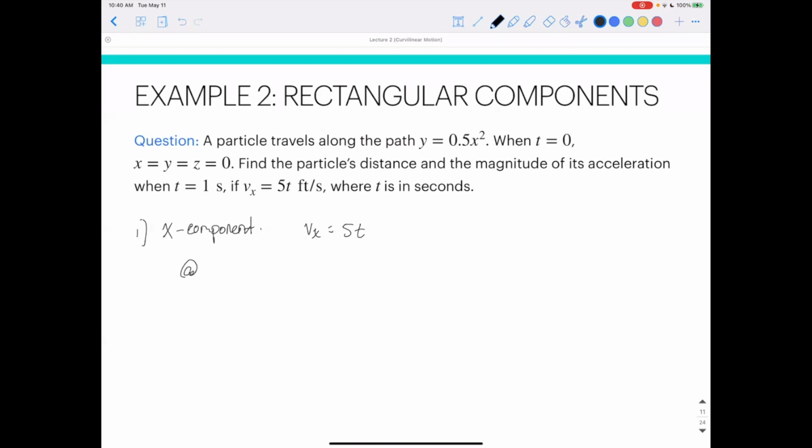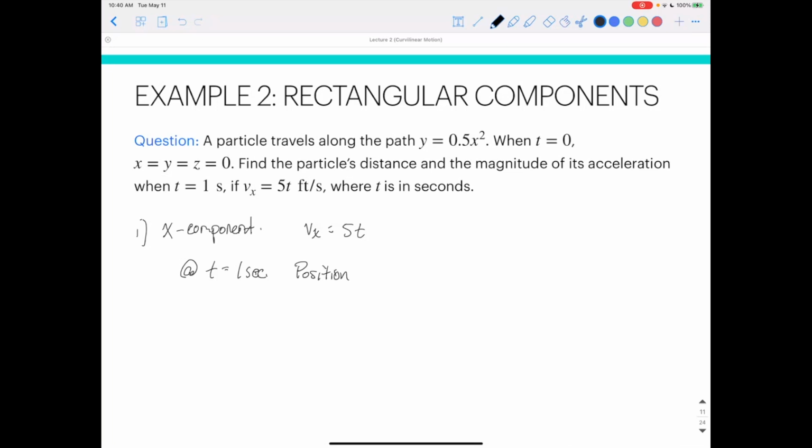So at t is equal to 1 second, we can write the position, or at least the x component of position, using our kinematic equations.